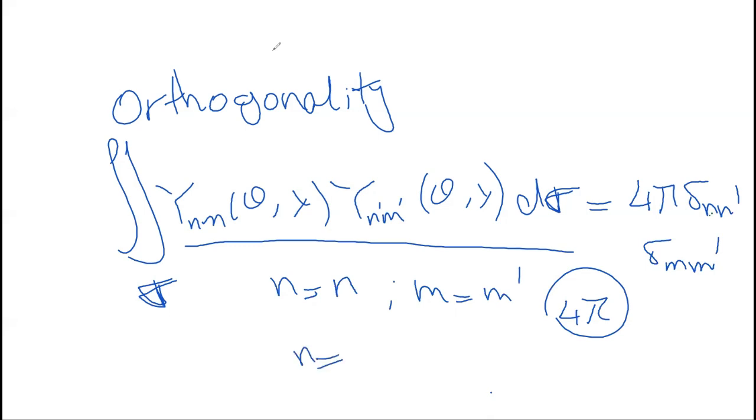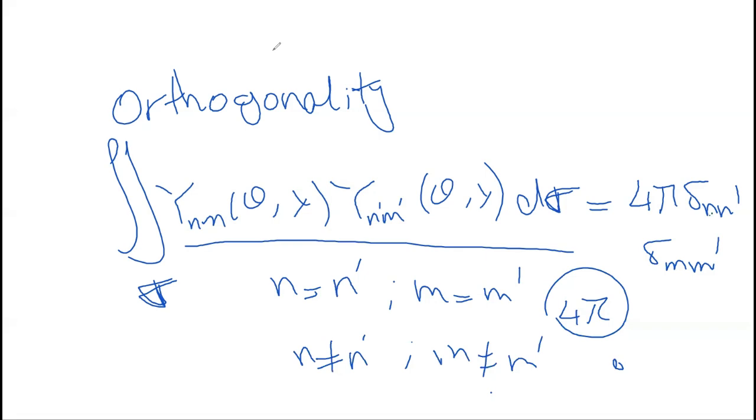Or if they are not equal, it will be 0. This is exactly what we saw for the base functions E1, E2. When they are multiplied by themselves, they are 1. When they are multiplied by the other base function, because of the orthogonality property, they are 0. This is exactly the same here.